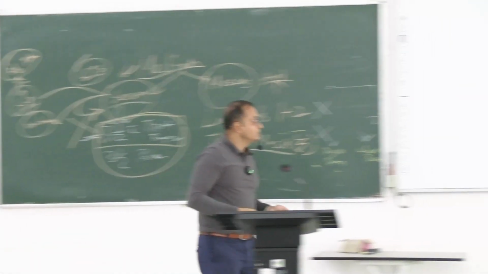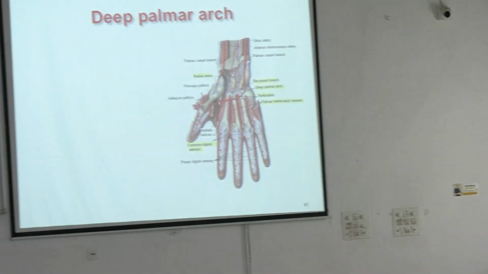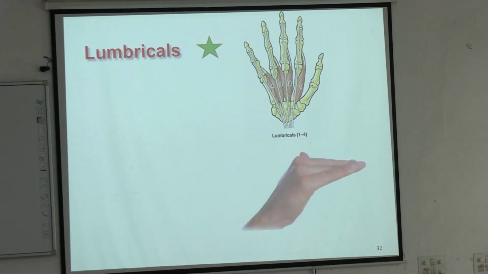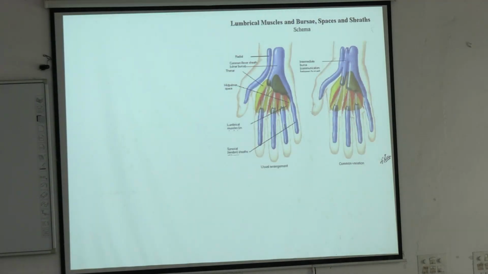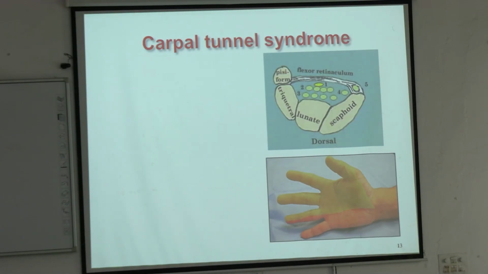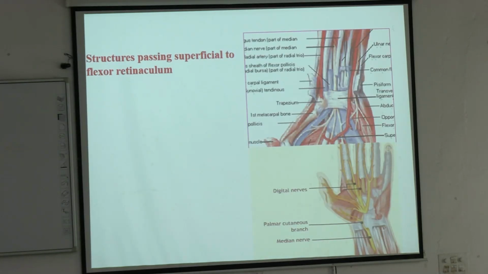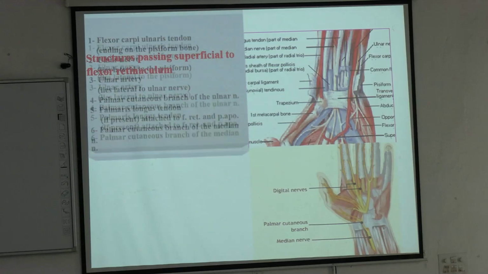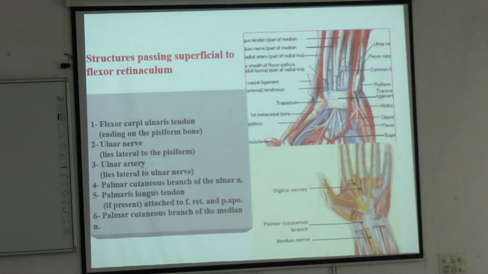Why? If we go back to the first slide, if you look at it, we have a branch we call the palmar cutaneous branch of the median nerve, which runs above this superficial thing.